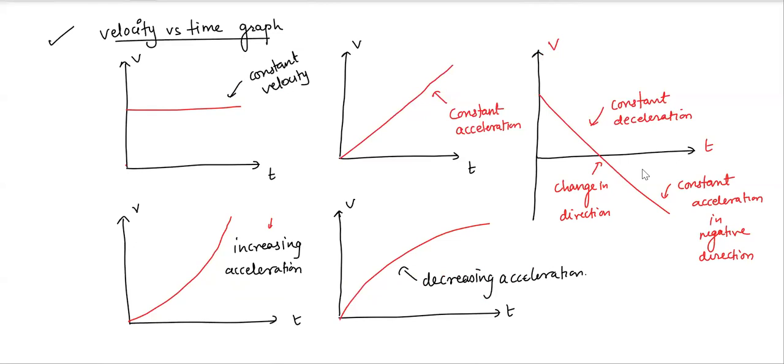The example of decreasing acceleration is when the object is falling in free fall with air resistance. Usually the air resistance keeps on increasing with the velocity of the object, but when the air resistance balances out the weight of the object, in that case, the object reaches a terminal velocity. And that's where the graph starts becoming flat, because the terminal velocity is a constant velocity.